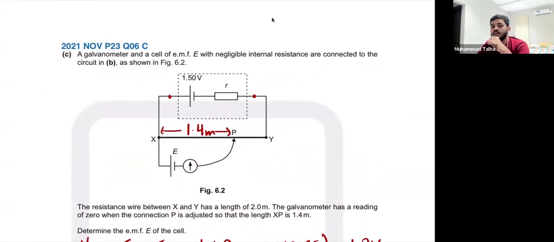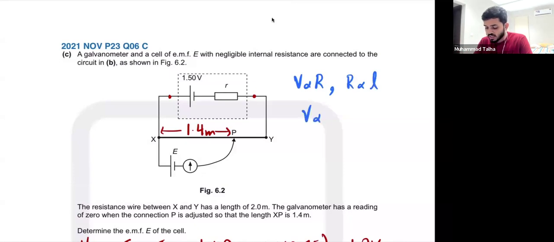So the basic idea behind a null point method in a galvanometer is this, that the voltage is basically proportional to resistance, and resistance is proportional to length.